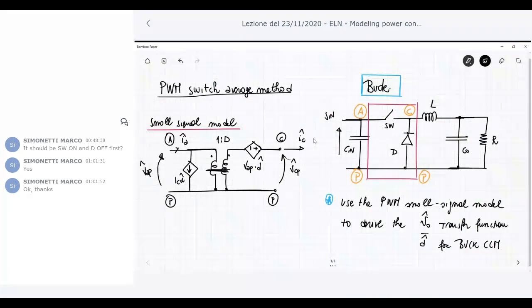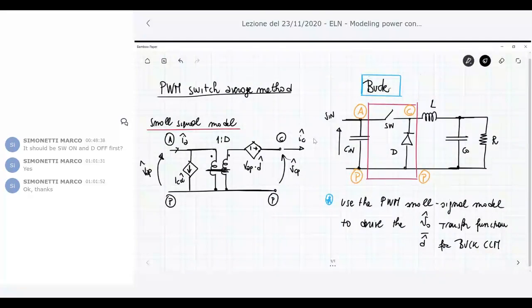Last time we learned that by using the PWM switch average method, we can have a DC model for the switching network. Then we can also have a large signal model that we can employ, for example, for simulations by computer circuit simulators. And also we have an AC model.